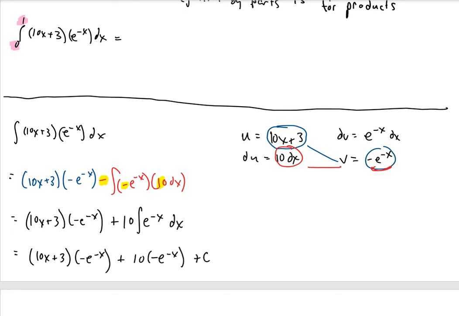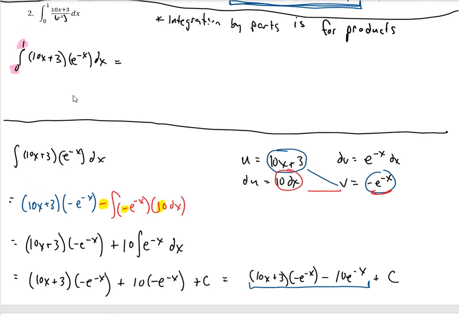This second term can be simplified. Let's write it as 10x plus 3 times negative e to the negative x, and then plus a negative is minus 10e to the negative x, like that. If it was indefinite, this would be the answer. But all I really want is this to plug back into our definite integral.